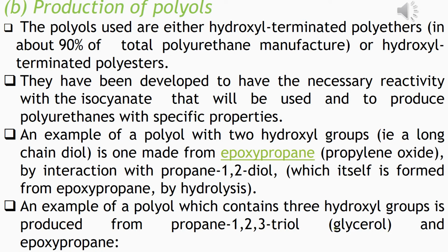Propane 1,2-diol actually comes from the hydrolysis of epoxy propane. So when epoxy propane and glycerol react together, they make up a polyol containing three hydroxyl groups. You can see that type of polyol on the next slide.